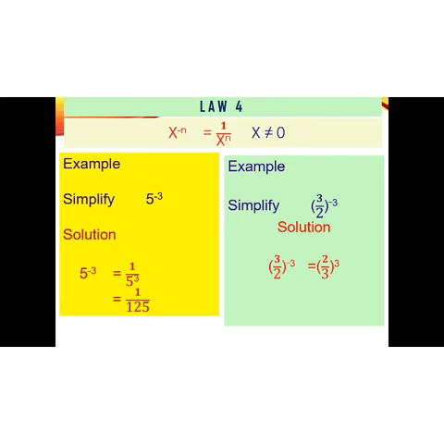And then the negative in front of the power disappears. So we have 2 over 3 raised to the power of 3. So 2 raised to the power of 3 and 3 raised to the power of 3 gives us 8 over 27, and that's our answer for that example. I hope you're following, and I hope it's sinking in.